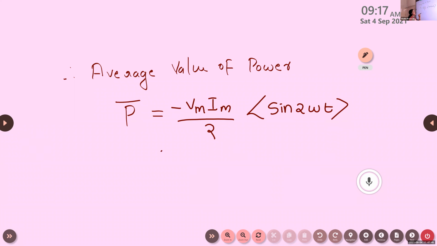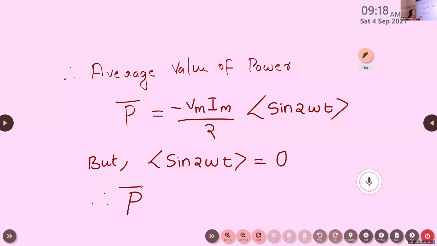The average value of sine 2 omega t is equal to 0. Therefore, the last term becomes equal to 0.